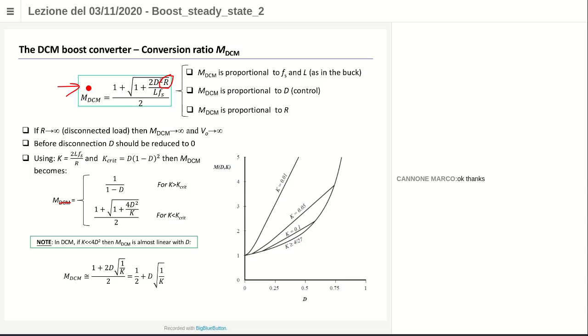So if you are in DCM, and you operate a buck and you increase the load, you go in DCM, as I said before. But in the case of a boost, if you disconnect the load, then the output voltage diverges. So what happens when the output voltage goes to an infinite value?